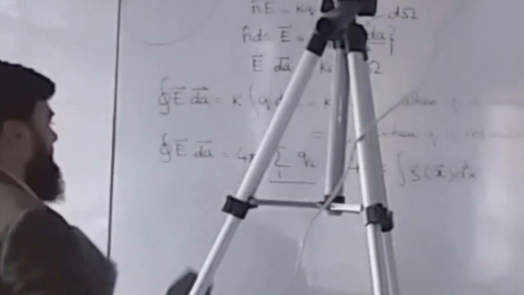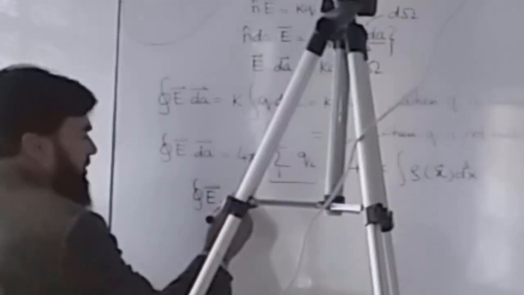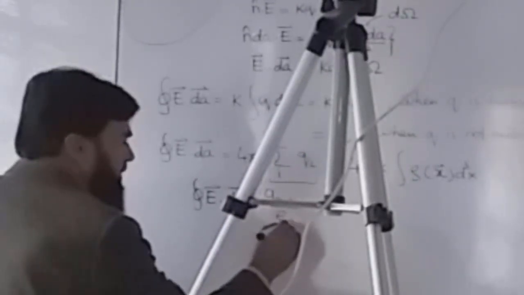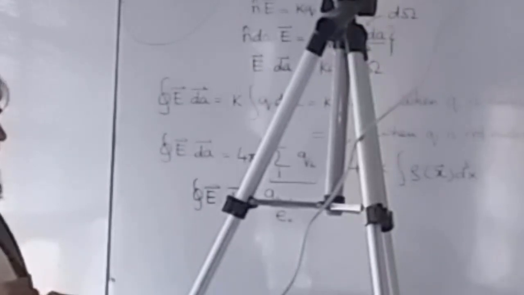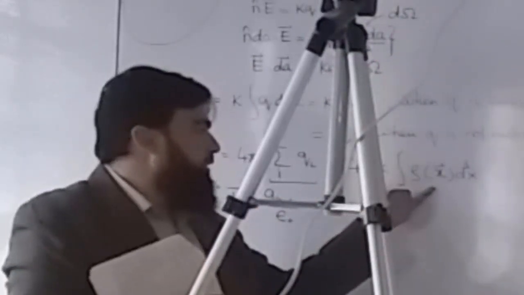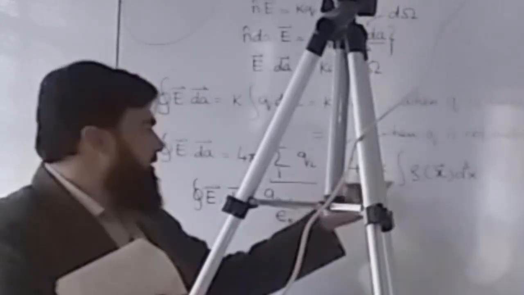We have studied this very easy form, that the integral of E dot dA is the q enclosed over epsilon naught. This is the simplified form, but we will go on with this one, which is the same as this one.